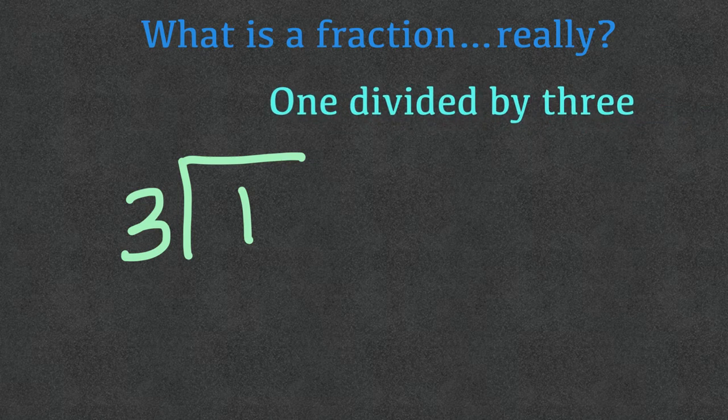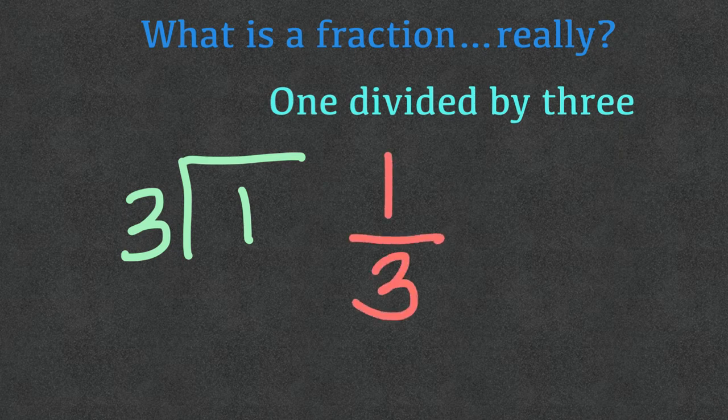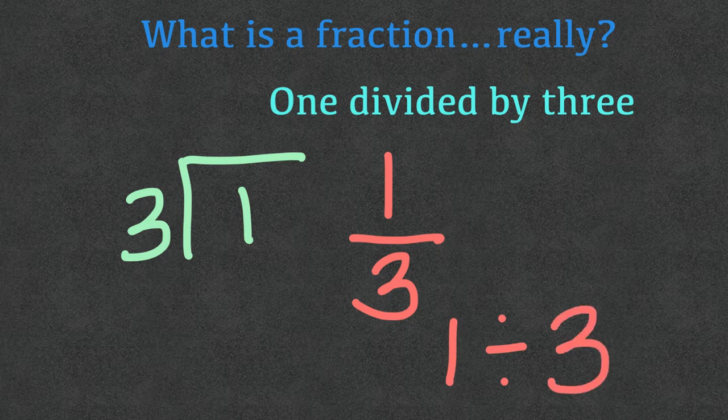So remember, our numerator is the one that comes first. So it's 1 divided by 3. So if I wanted to write it as a fraction, I would say 1 over 3. Or if I was to write it as a number sentence, I would say 1 divided by 3.